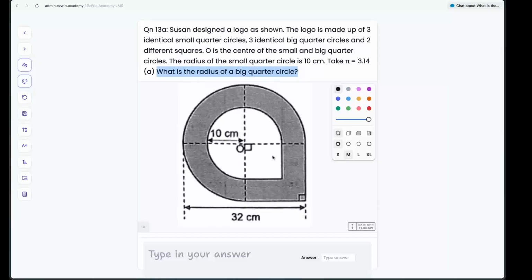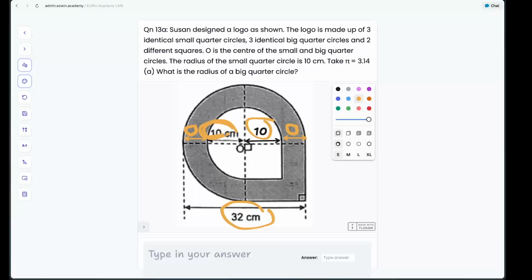So if we were to zoom in, since we know these are the equal quarter circles, that means this is also 10 centimeters. Since we also know that this is 32 centimeters at the bottom over here, then we just need to find this remaining part. So to get this remaining part, we will just have 32 centimeters minus 10 and 10, and then we divide it by 2 to get these two distances.